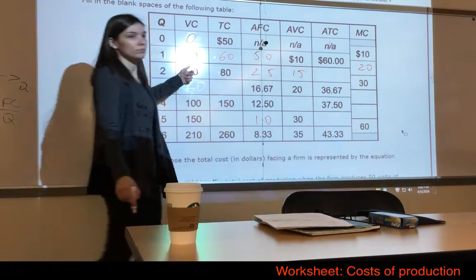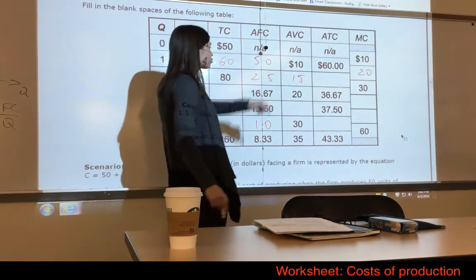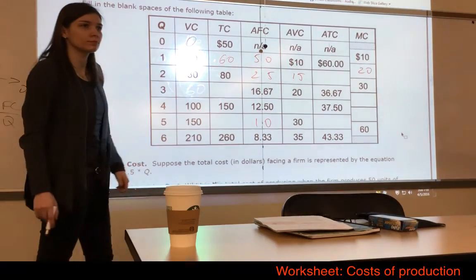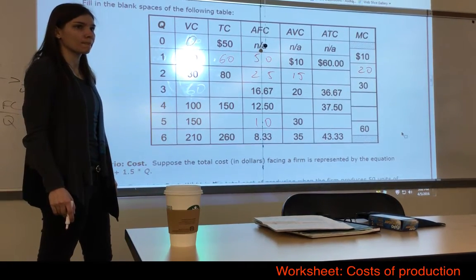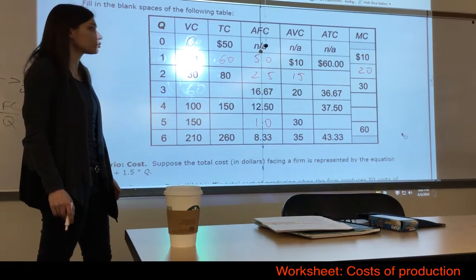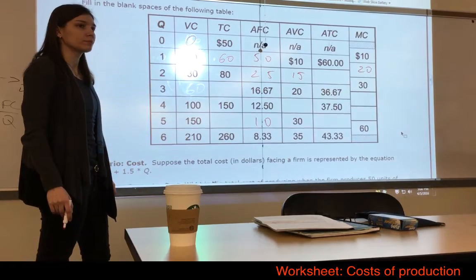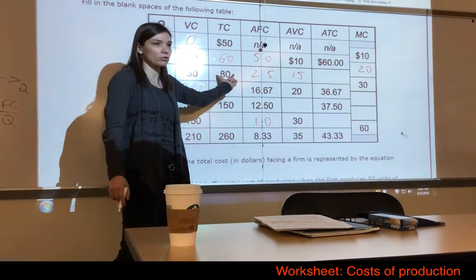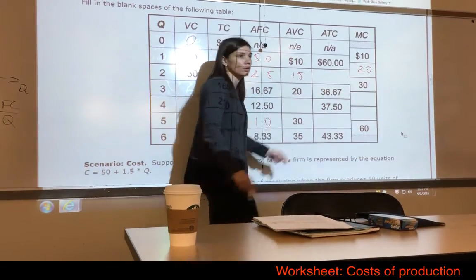Because it's variable divided by quantity, so it's 30 divided by 2. And then average total is? What is average total cost? The quantity is 2. 40. It's either total divided by quantity, so 80 divided by 2, or you can just add those two together.